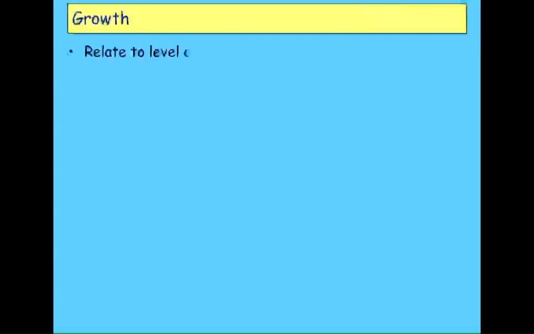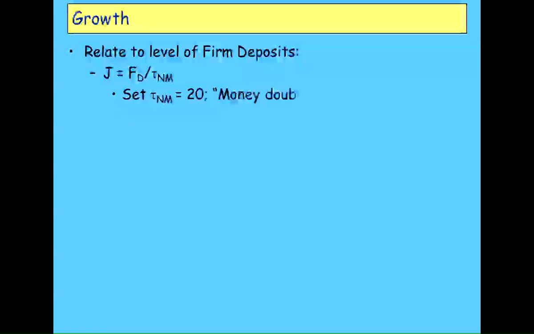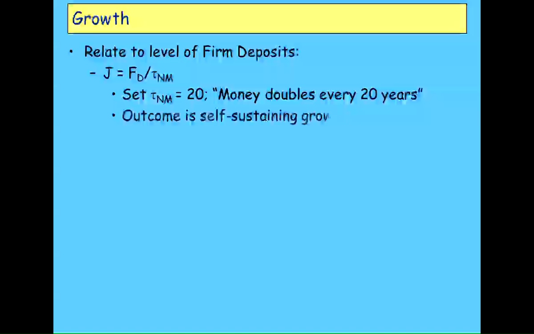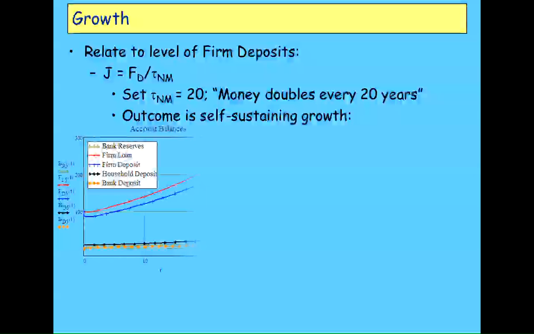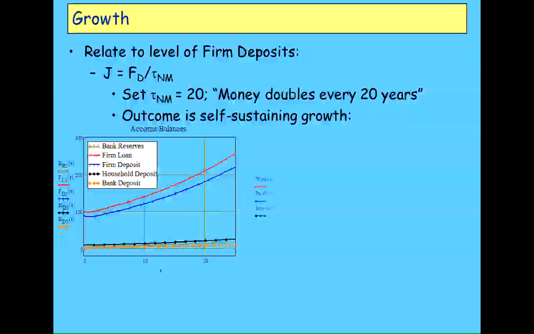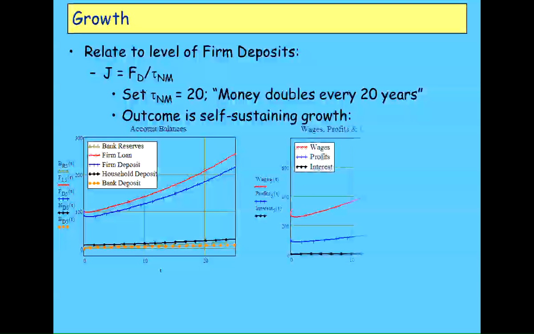So I've got growth, and I've related that to the firm's loans in that particular case, but in the slides here I've used, in the previous year I used a time lag and also used deposits, saying money doubled every 20 years. You can use, as I've shown, a range of values there. What you get, of course, as I've shown you in that simulation, is self-sustaining growth. The money supply continues growing, wages, profits and interest levels all grow.